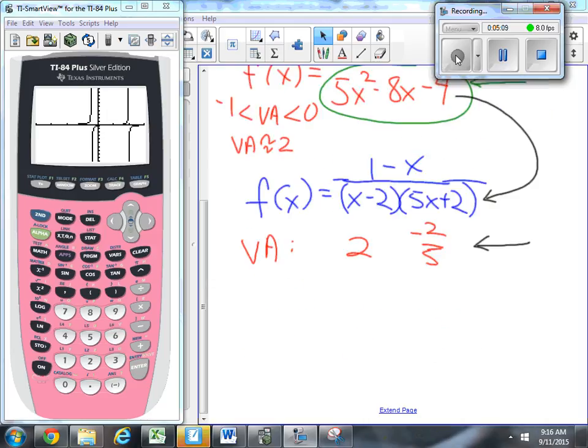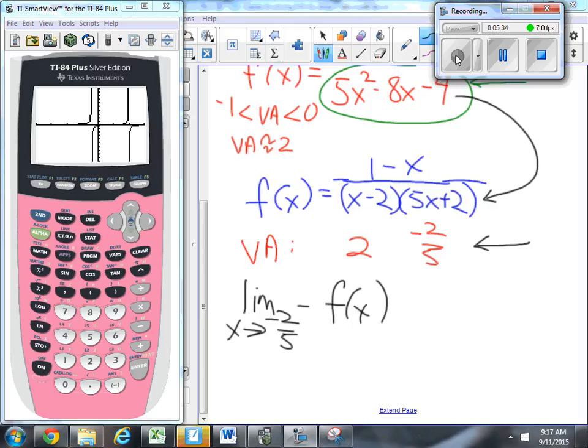So now I have to describe the behavior as the function approaches each of these vertical asymptotes. So let's start with the negative 2/5. My limit as x approaches negative 2/5 from the negative side of f of x is equal to, well, as I'm approaching it from the negative side, you can see maybe over here on the graph, it's positive infinity.